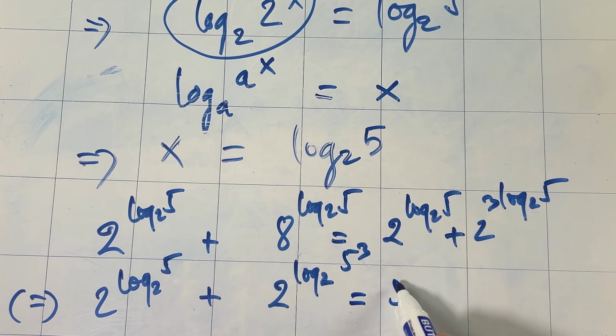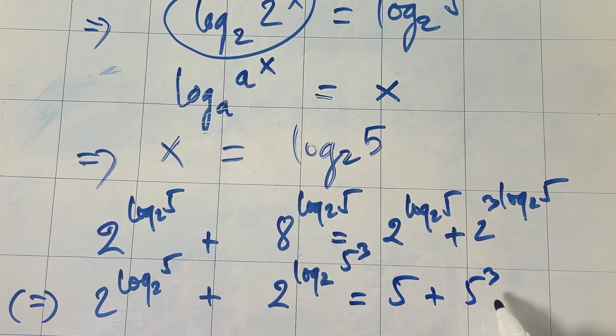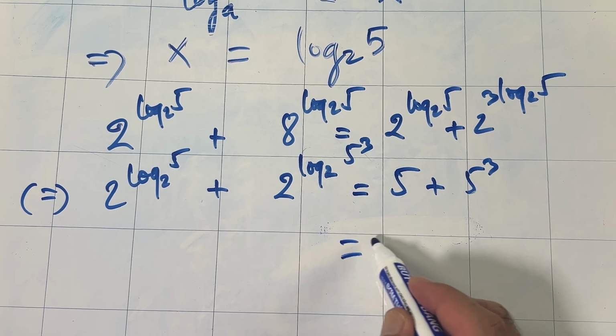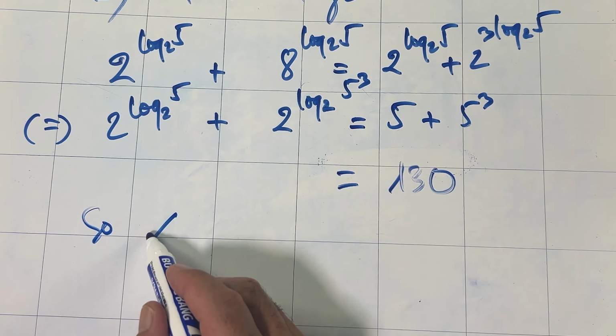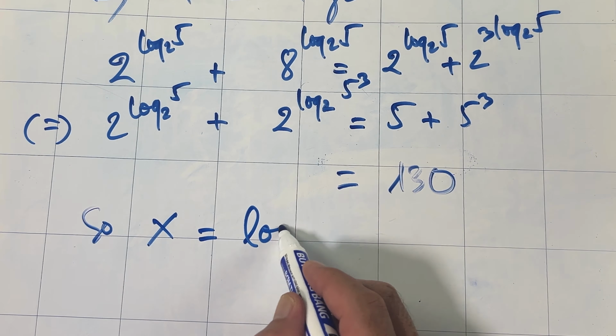Then it equals 5 plus 5 to the power of 3, which equals 130. So the solution is correct. x will equal log base 2 of 5.